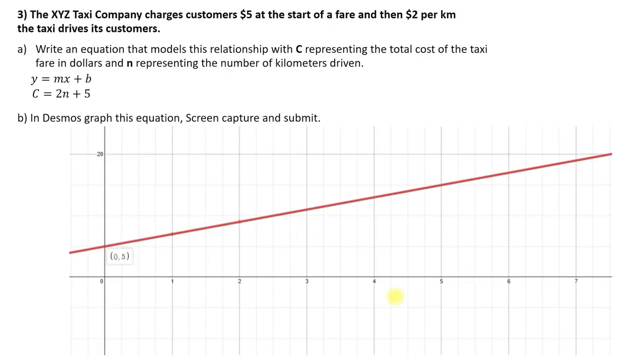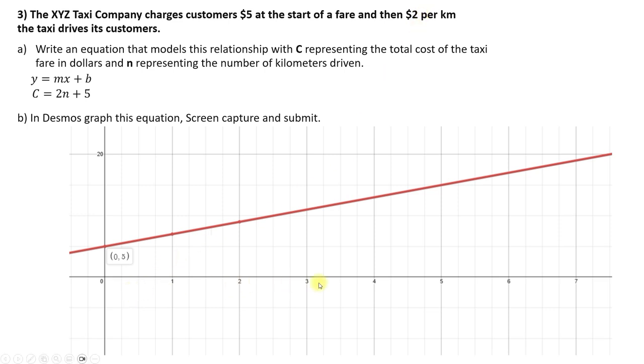The XYZ taxi company charges customers $5 at the start of a fare, and then $2 per kilometer the taxi drives its customers. So here's this word per again. It's how much is changing per kilometer. And when you see this word here, you can be pretty sure that that will be the slope. Okay?